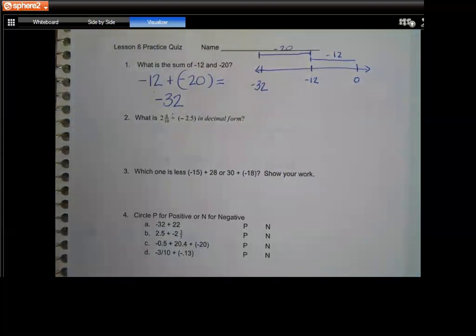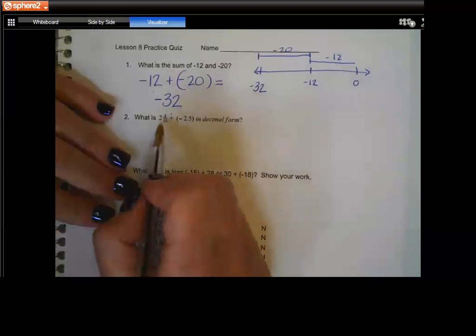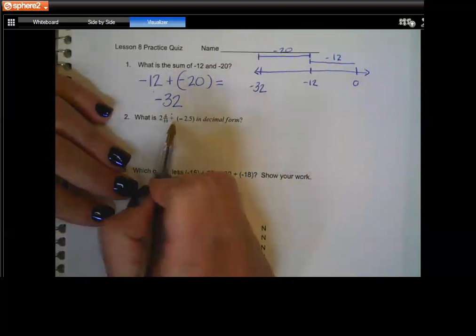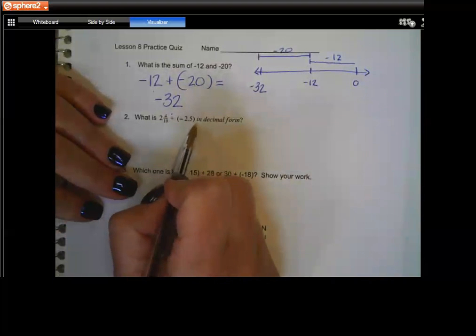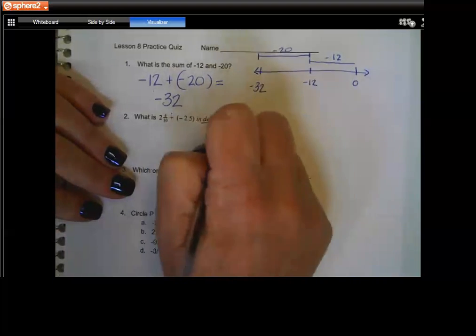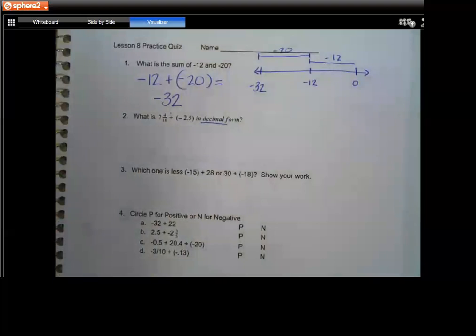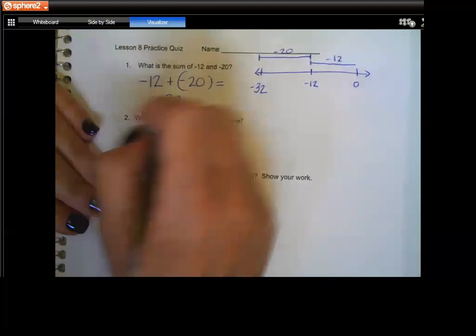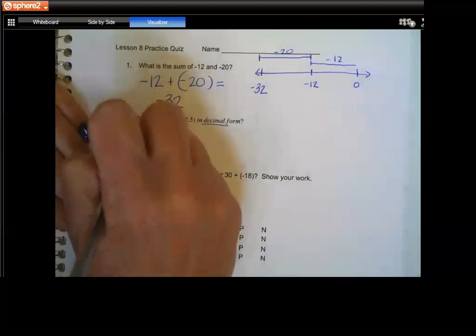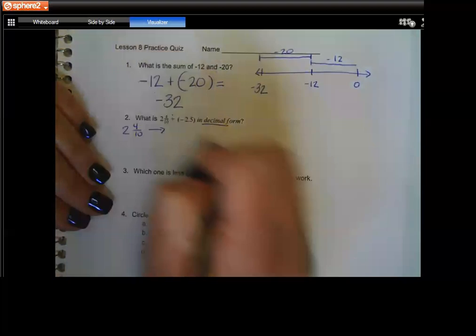All right, number 2 does probably get a little bit tricky because the question says, what is 2 4/10 plus a negative 2 5/10 in decimal form? All right, so first step is we have to change 2 4/10 into a decimal.